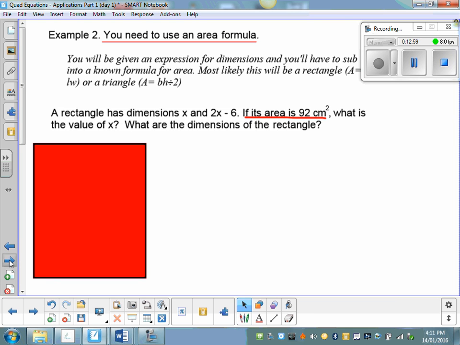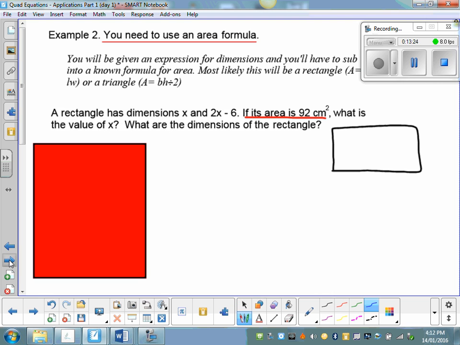So in this case here, for this one, a rectangle has dimensions x and 2x minus 6. If its area is 92 centimeters, what is the value of x? And then what are the dimensions of the rectangle? I'm just going to draw a little rectangle over here and just label it with what I know. So if that's my rectangle, the dimensions are x and 2x minus 6, and the area is 92.